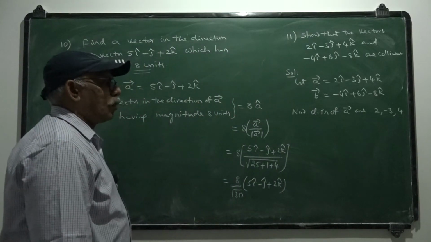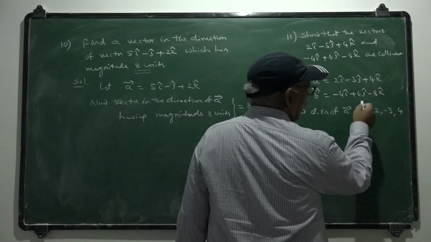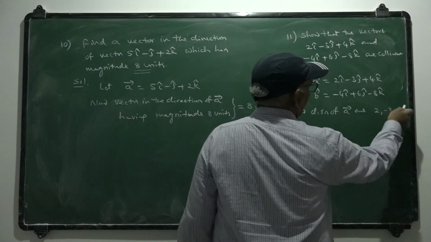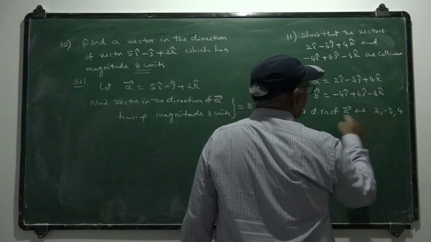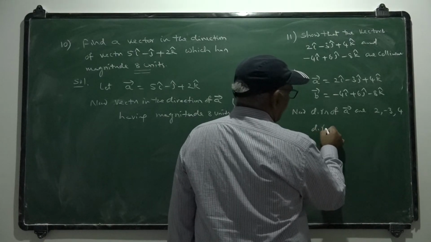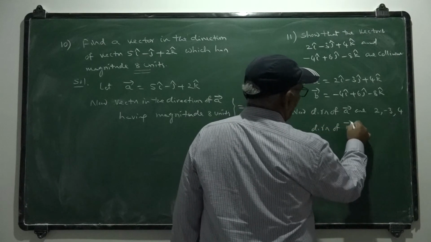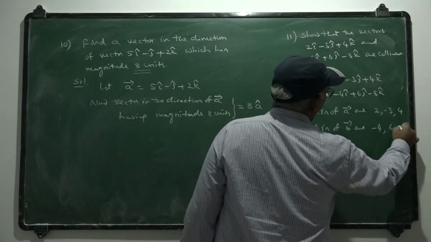The components of any vector along the coordinate axes give us the direction ratios. Similarly, DRs of B bar are minus 4, 6, minus 8.